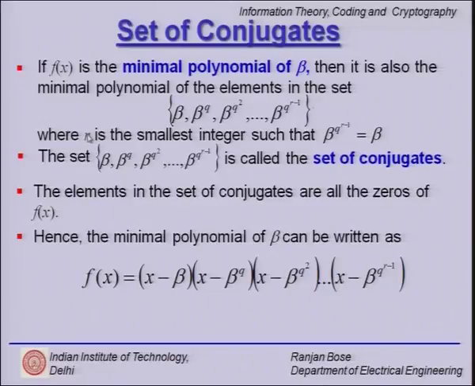In the earlier example, alpha, alpha squared, alpha raised to 4 were the set of conjugates. So, now we make our lives even simpler. The minimal polynomial of beta can simply be written as x minus beta, x minus beta^q, x minus beta^(q squared) and so on up to x minus beta raised to q^(r-1).